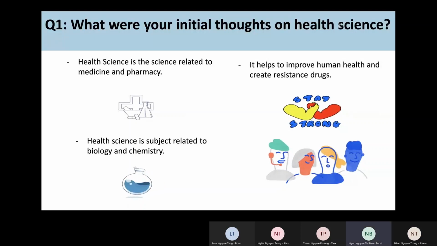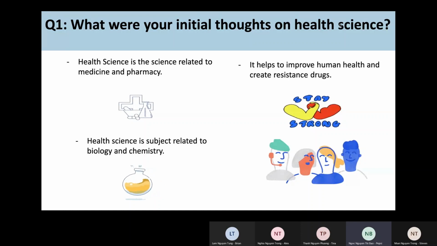Now we will begin with question 1. What were your initial thoughts on health science? Usually people will think health science is related to medicine and pharmacy, and that it works to improve human health and create resistant drugs.